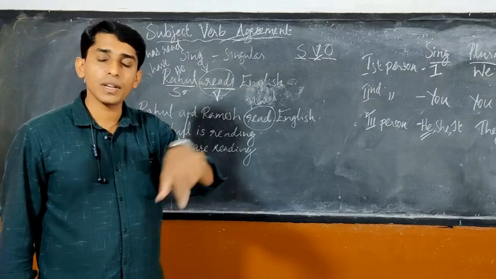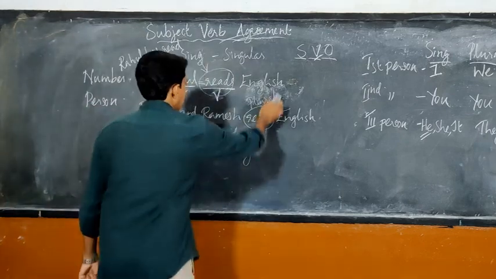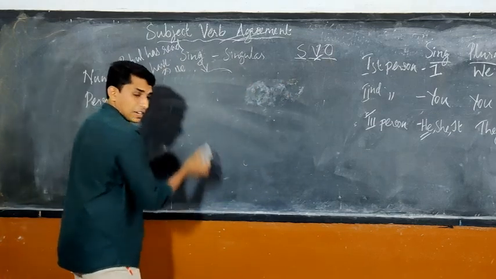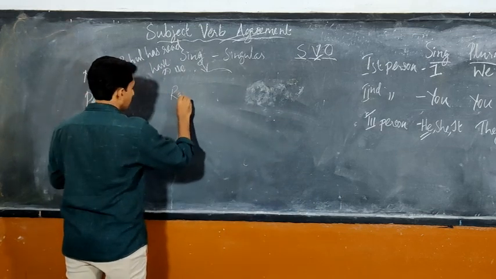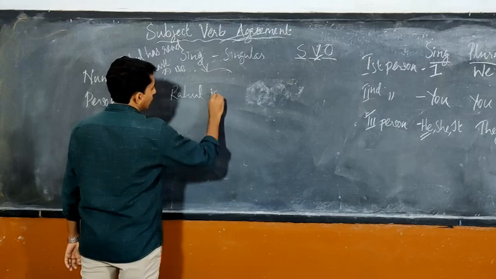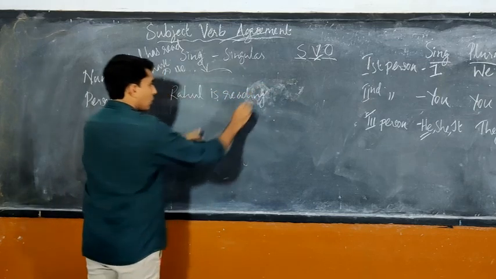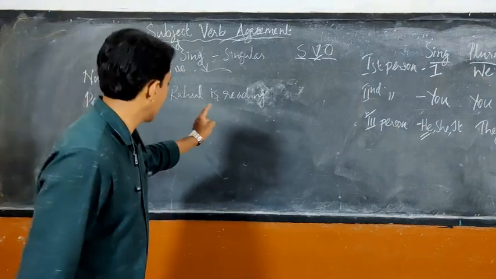What about past tense? Past tense also has the same. In continuous tense, we just wrote Rahul is reading. What is the number? Singular. Rahul is alone.